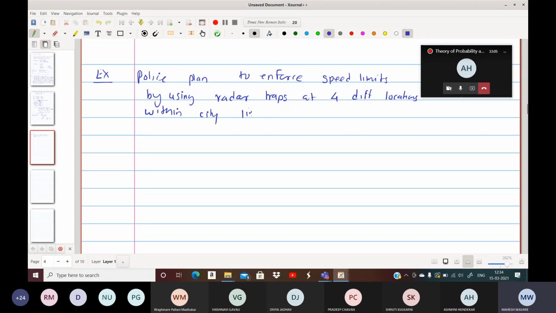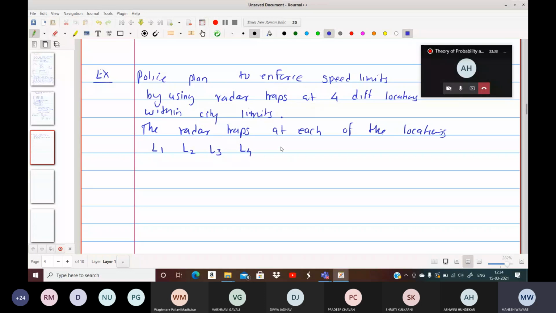The radar traps at each of the locations L1, L2, L3, L4. The radar traps at these four locations are operated.